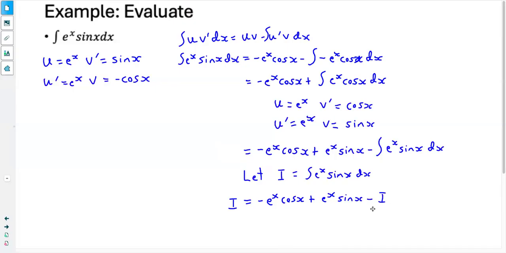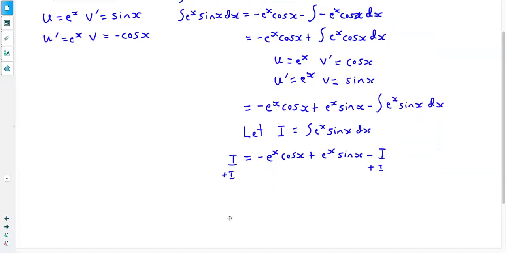Now we'll add I to both sides to move this to the other side. That gives us 2 times I is equal to negative e to the x cos x plus e to the x sine x.